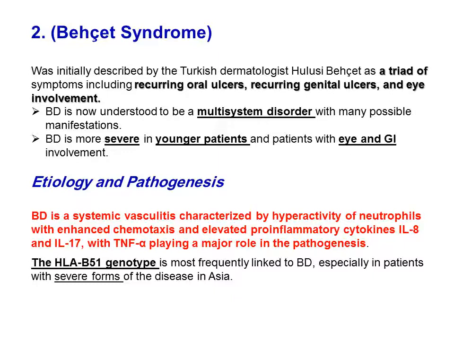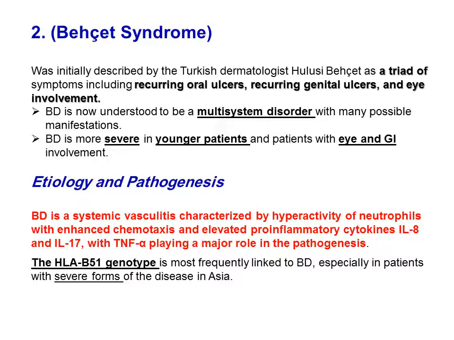So it is a systemic vasculitis, and there is an elevation in pro-inflammatory cytokines such as interleukin 8, interleukin 17, and tumor necrosis factor alpha.